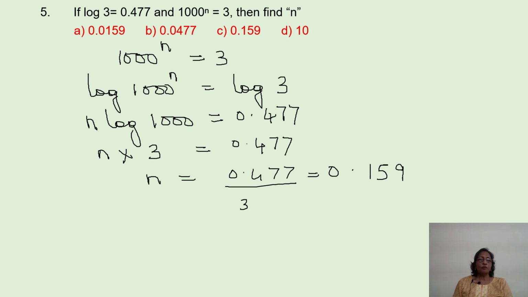And the correct option is the C one. So why have we taken logs? The reason is that we are given the value of log 3. And since we know the value of log 3, we can easily find n by taking logs on both the sides.